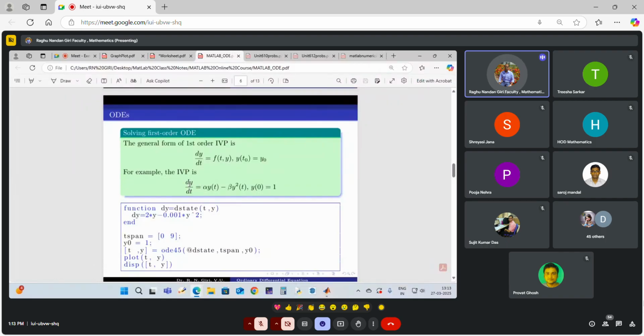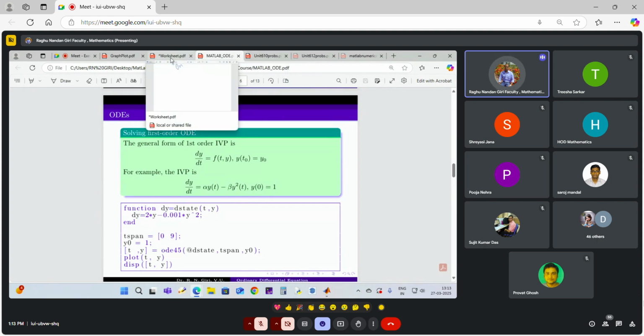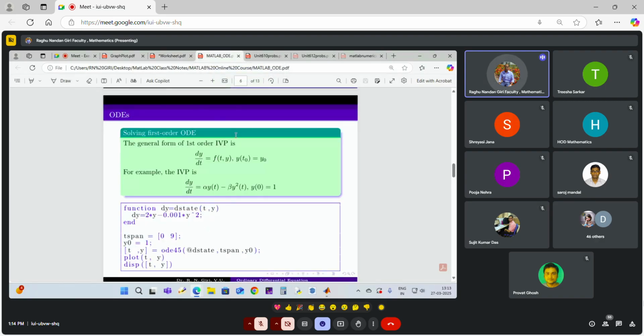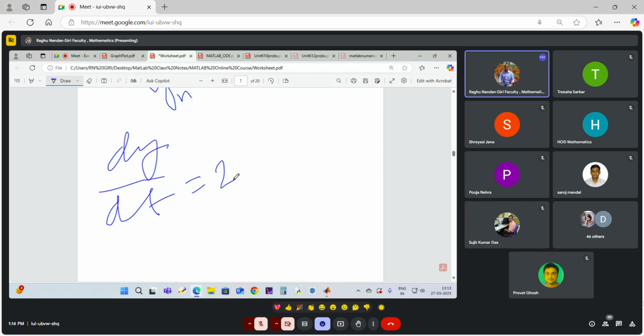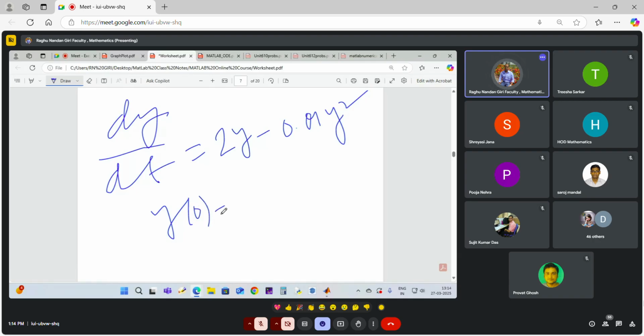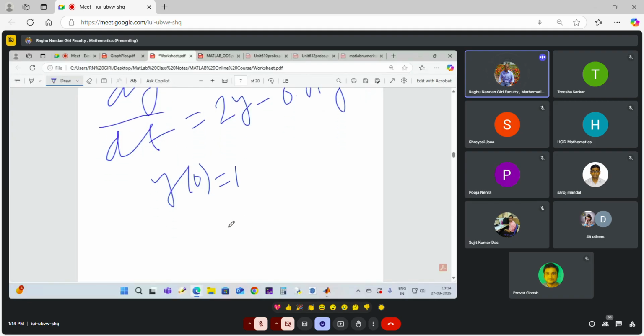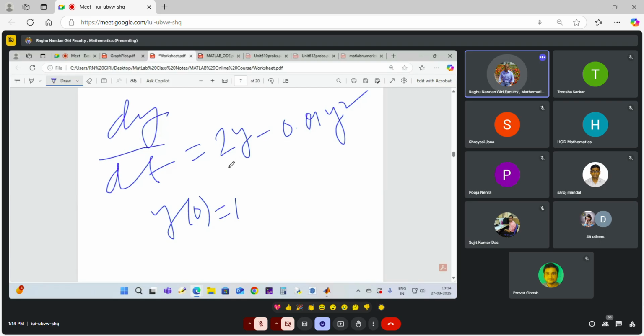So for that, suppose I take here the example dy by dt equal to 2y minus 0.01 y squared with the initial condition y0 equal to 1.